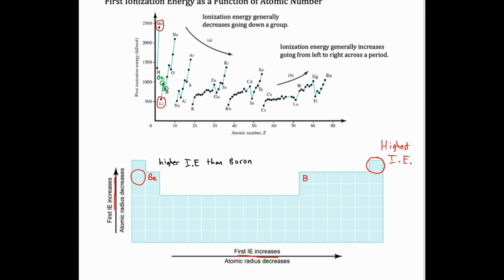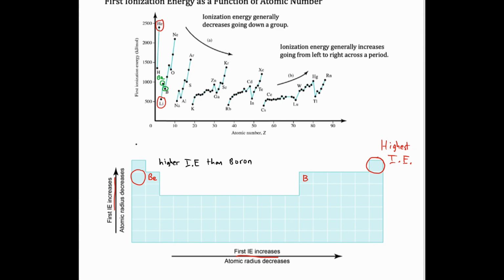So what factors could lead to beryllium having a higher ionization energy than boron? Well, one factor is it has a nice complete 2s shell. See, beryllium would have 2 electrons in that 2s shell, and that's all that the shell can hold. And so that tends to be a stable configuration, and it's tougher to pull an electron away from that stable configuration than it is in the case of boron. See, boron would have the 2s filled, but it would have 1 in the 2p.